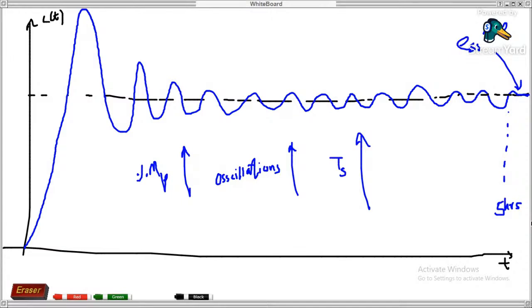कळतंय? For example, suppose I am switching on this fan, and my requirement is that this fan must rotate at 1500 RPM. Just switch it on. Let it be rotating at 1000 RPM. Then there is a steady state error, 1500 minus 1000 RPM. 500 RPM चा steady state error आहे.